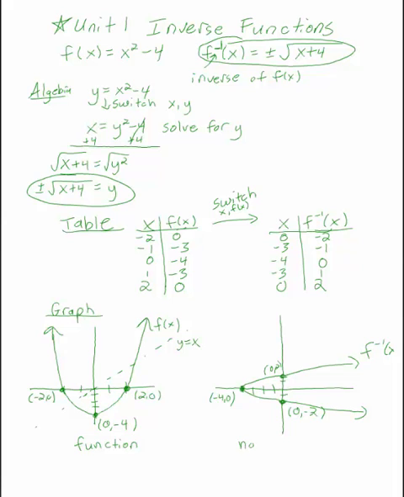It's not a function. It's a relation. So f inverse of x is not a function. f inverse of x is a relation. A relation is just a collection of x values and y values. It has a graph, but it fails the vertical line test.